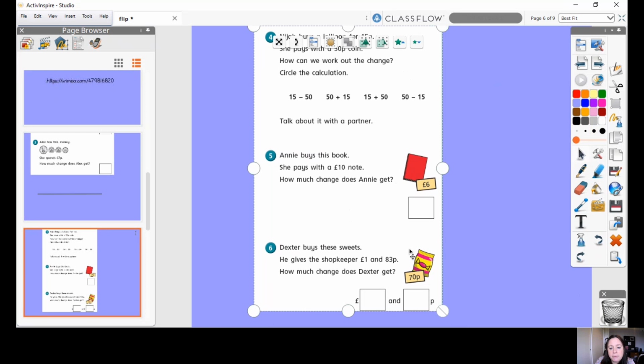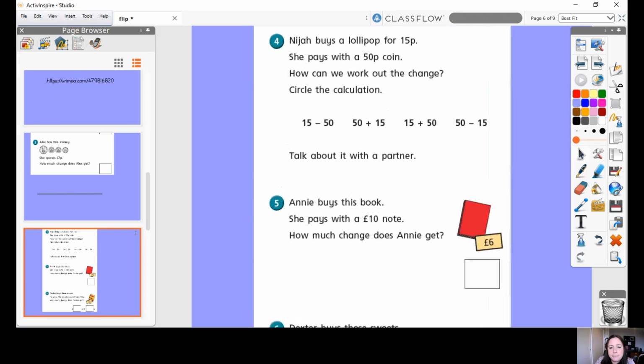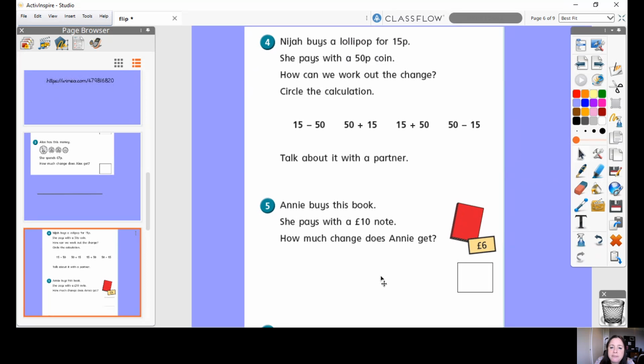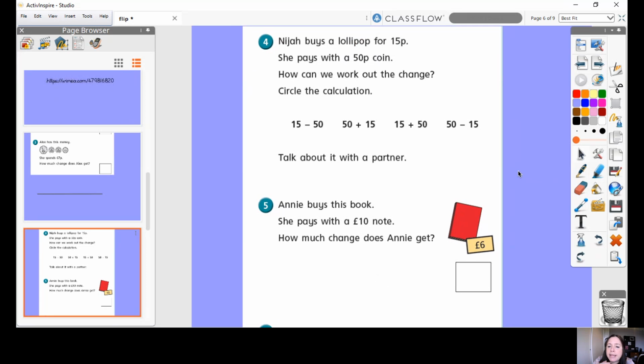Anisha buys a lollipop for 15 pence. She pays with a 50p coin. How can we work out the change? Circle the calculation. So first of all, think about which money she's going to give to the shopkeeper. She wants to buy a lollipop for 15 pence and she pays with a 50p coin.